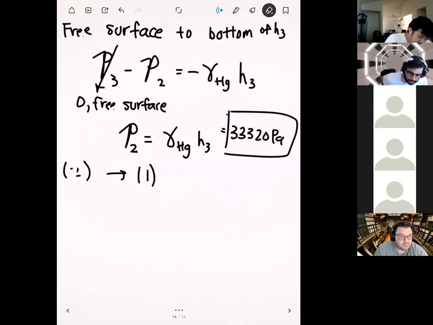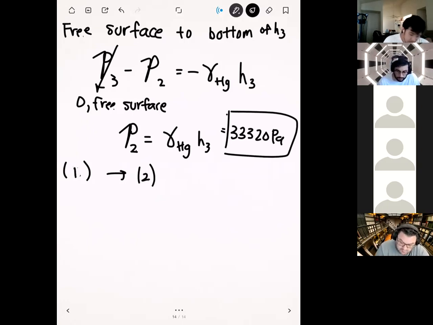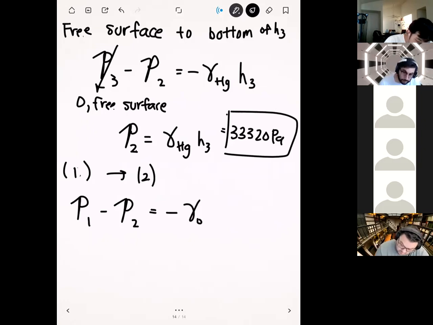The next thing that we want to do is go from location 1, which is at the oil-air interface, down to location 2. So let's do P1 minus P2. Since we're traveling through the oil, we use gamma oil, and then we need the total height difference between them.